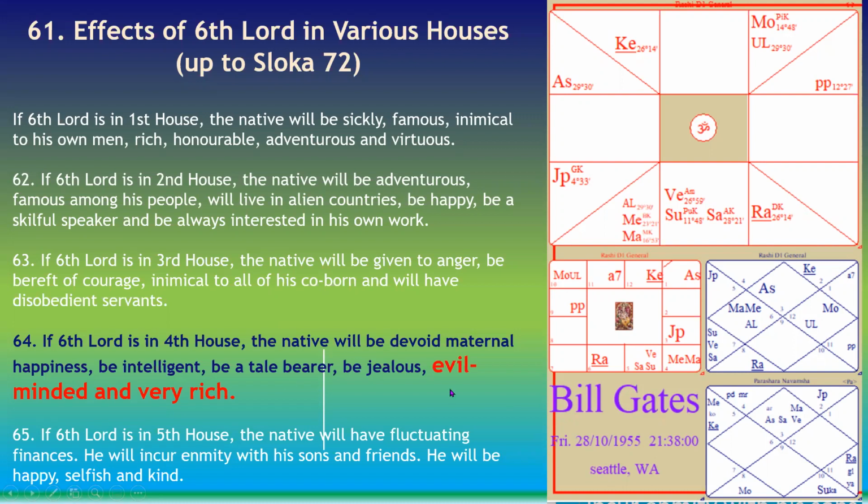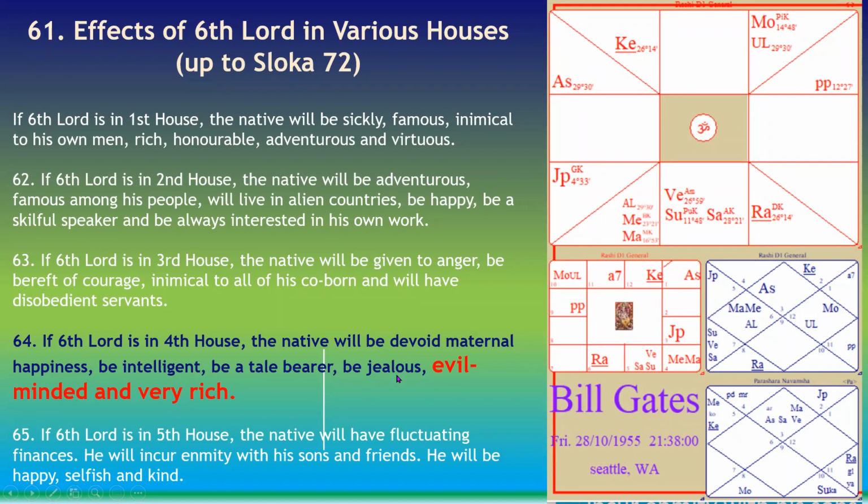But the significations are not going to be ruled out, because at some point, talebearer, well, I think he's buying half the planet here. So anybody who rises against him runs into trouble pretty quickly. He is intelligent, no doubt, and jealous.